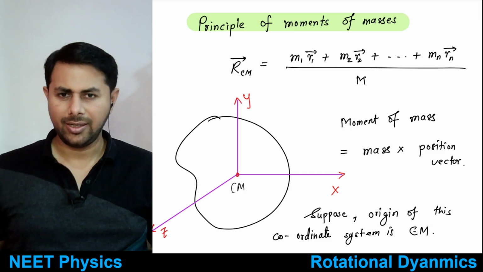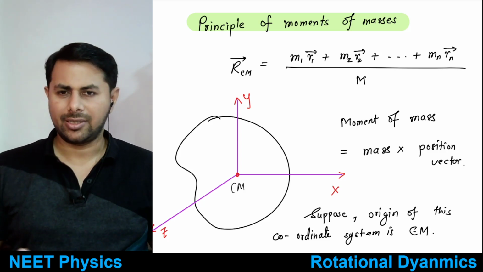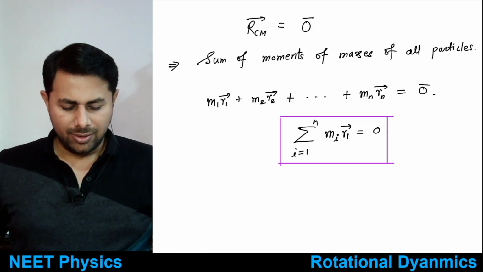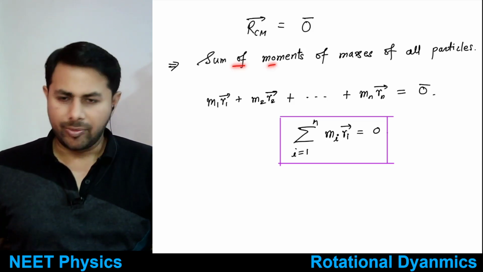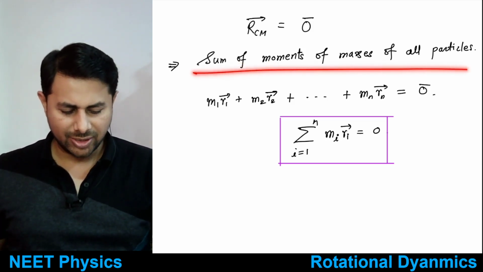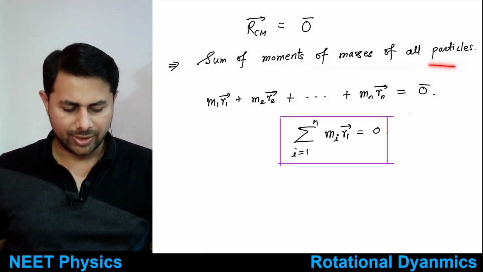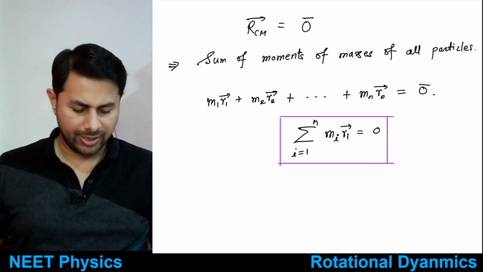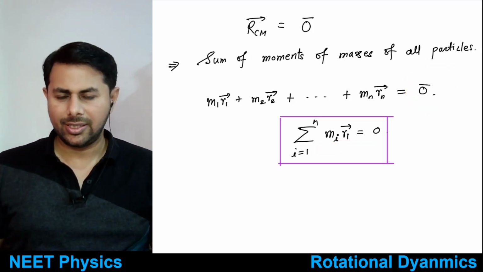And that's why the moment of all masses about the center of mass must be equal to 0. So the sum of moments of all masses about the center of mass is equal to 0. And what does this mean? It means that all three coordinates would be equal to 0.